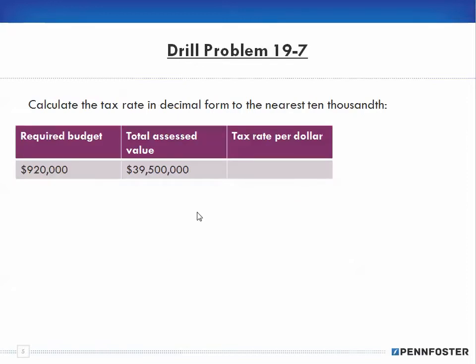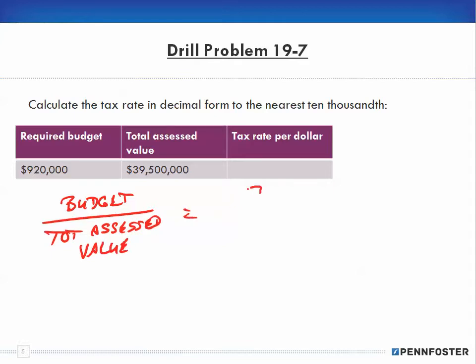Calculate the tax rate in decimal form, to the nearest 10,000th. Remember, it was our budget over our total assessed value.